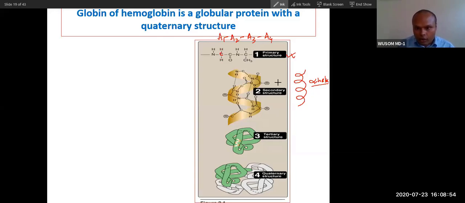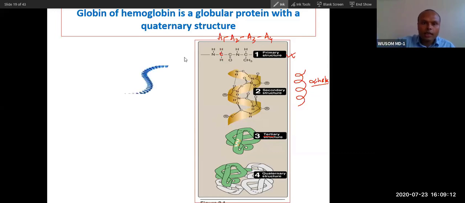Now this alpha helix folds on itself, so it is a monomeric tertiary structure. When more than one monomeric protein come together, it forms a multimeric protein.